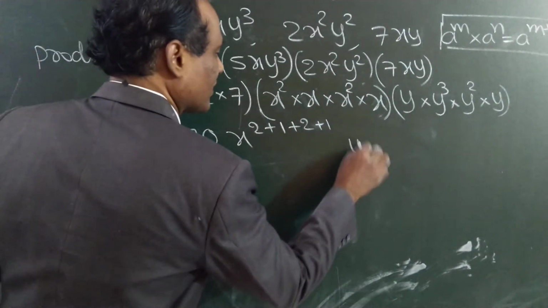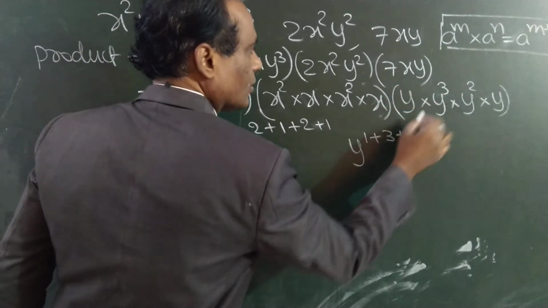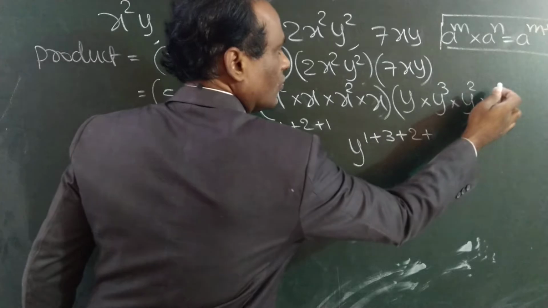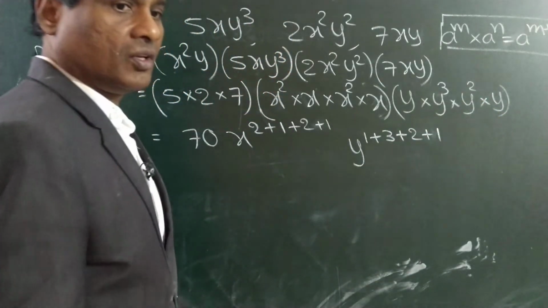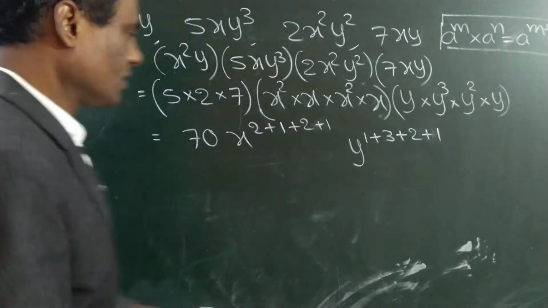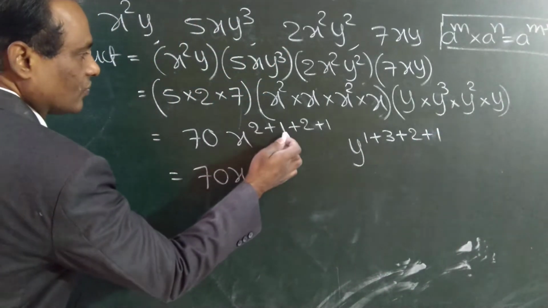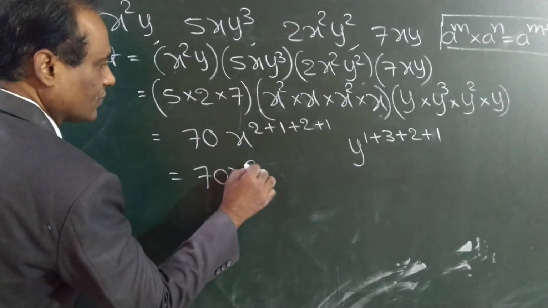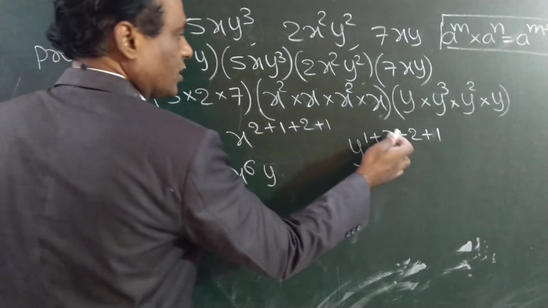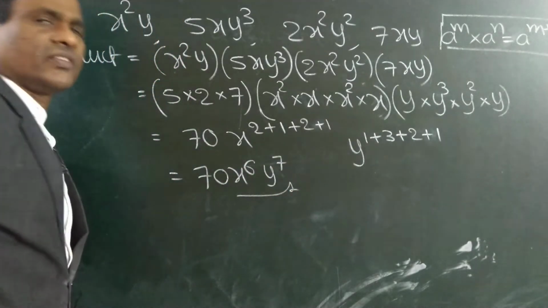Y powers, add the powers: 1, 3, 2, 1. So 70 x power 2 plus 1 plus 3 plus 2 is 5 plus 1 is 6, y power 1 plus 3 is 4 plus 2 is 6 plus 1 is 7. That's all.